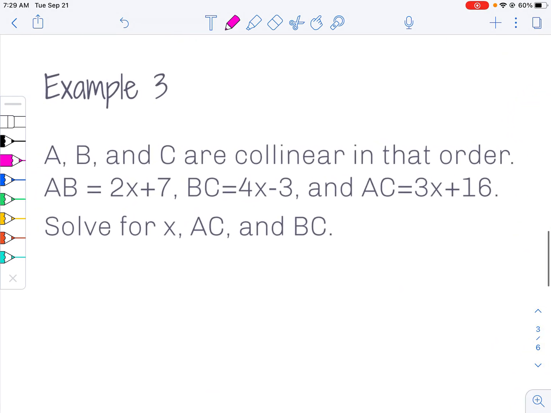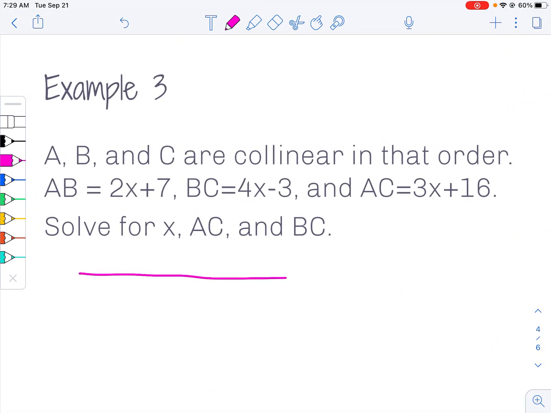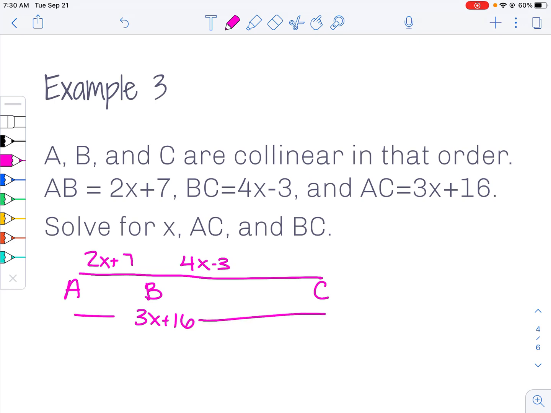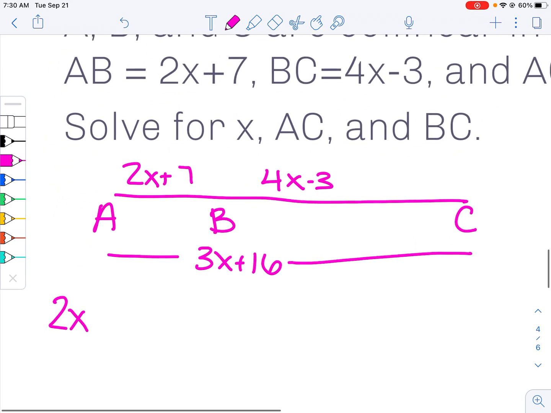In my third example, we're putting algebra in all 3 parts now. So I'm going to have A, B, and C. AB is 2x plus 7. BC is 4x minus 3. And the whole thing is 3x plus 16. Again, once I have it all written out as a picture, it's really easy to see that I can just add my parts and set that equal to the whole and then solve for x.